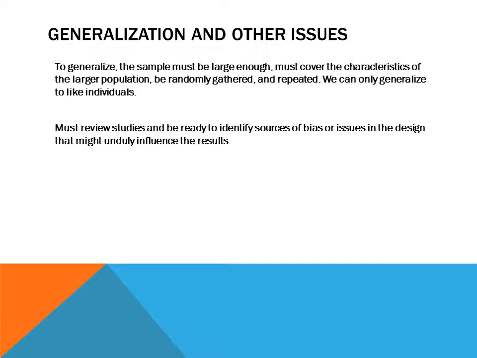These are actually a fair number of factors we must take into account before we can generalize to the larger population. It's also important to note that we can only generalize to like individuals, meaning that if the participants in my study had mild autism, I can't generalize my results to include all people with autism, because people in the general population will have a range of severities.